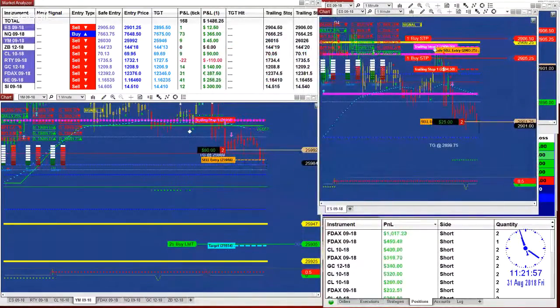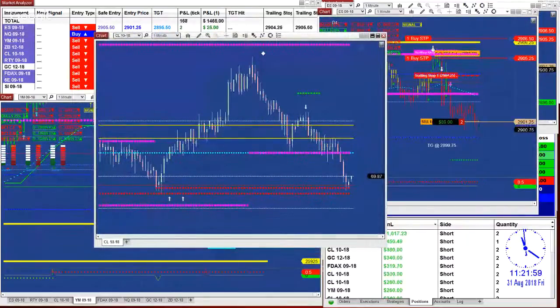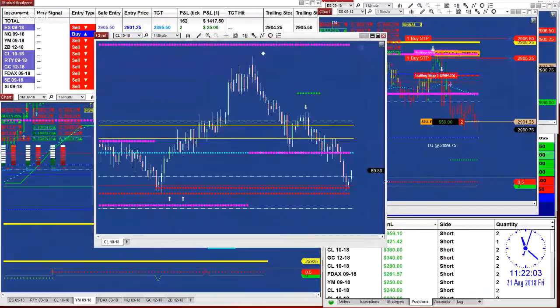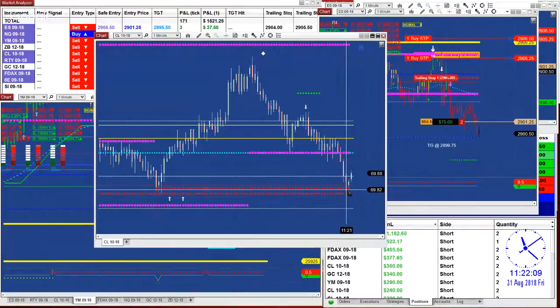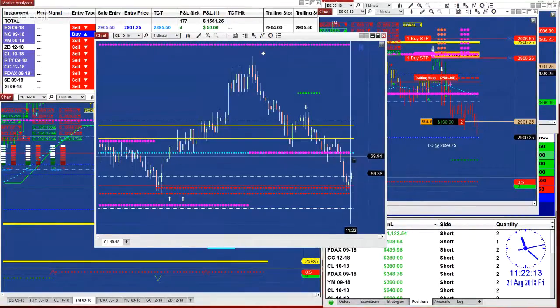Look what happened to the CL, guys. Look what happened to the CL. That was a beautiful entry. What the price action did, we knew exactly when it was going to project. For the guys trading the CL, you have a re-entry at 69.94.